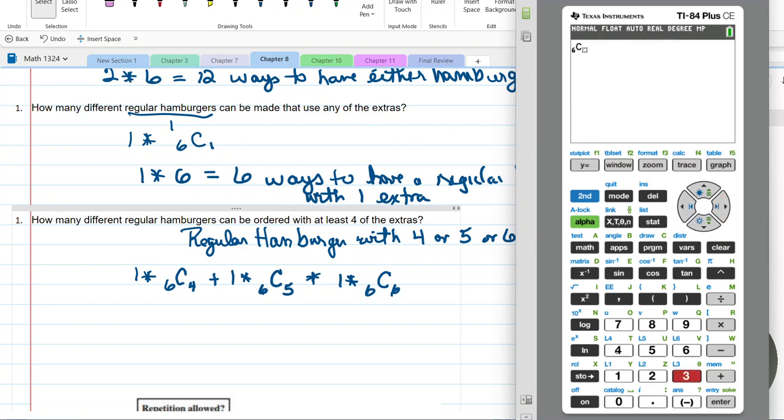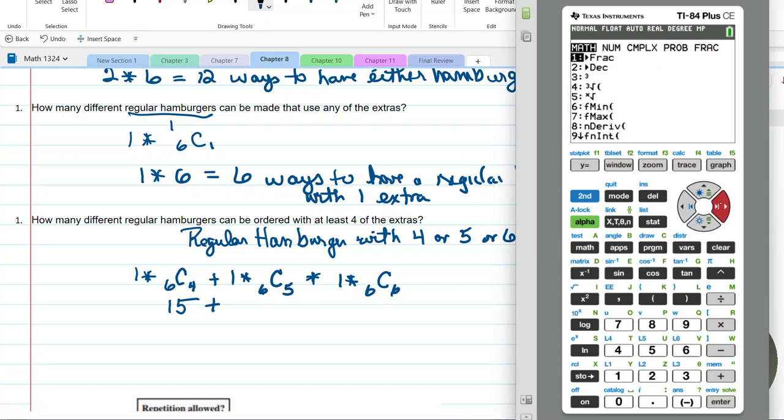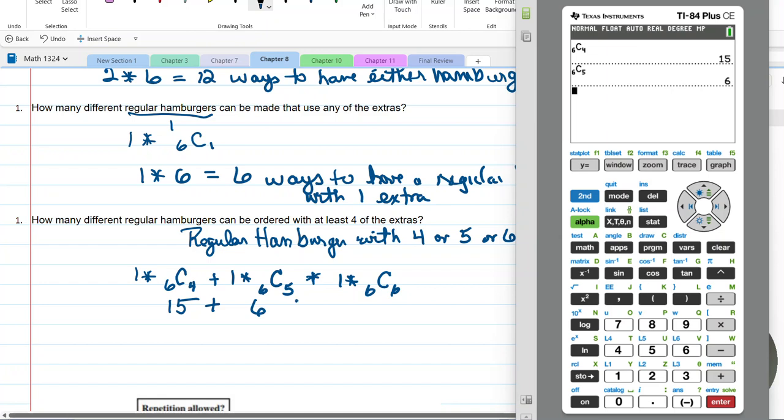So this one would be 15 and this is 6. Oh, it's an or. That's a plus. Yeah, I have plus.